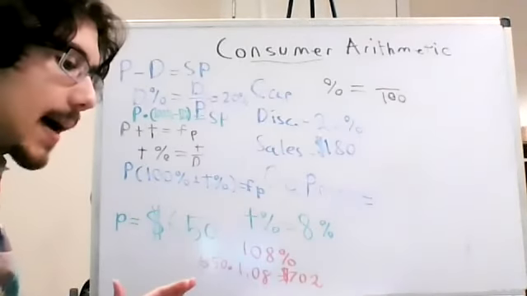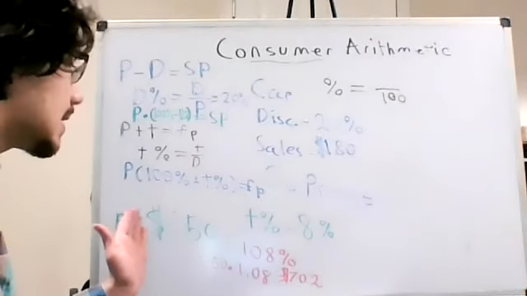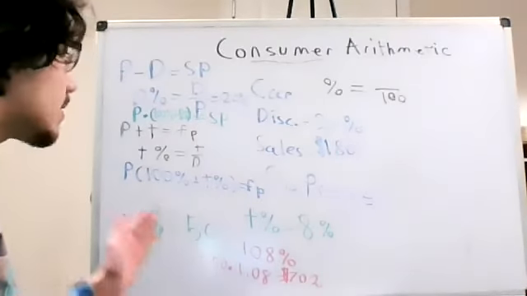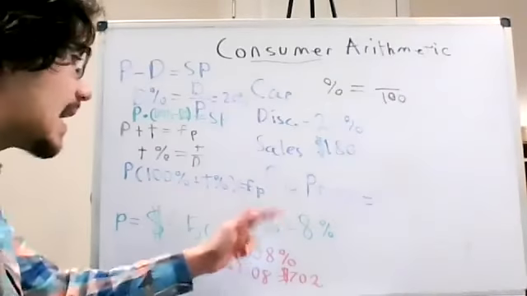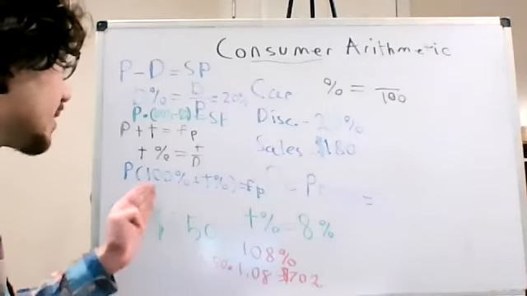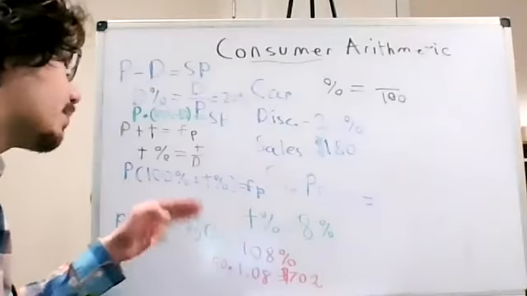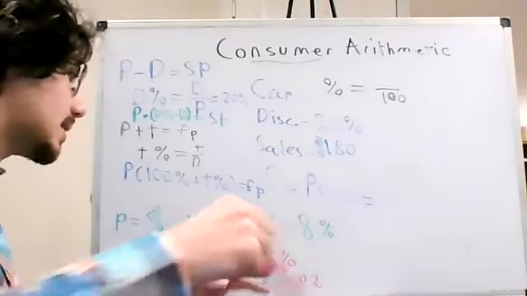We know that tax adds on a certain amount of percent to the price. So the price starts at 100%. That's why we have it here. And since we're adding on 8%, that means that the final price will be 108% of the original price because it's 100 plus 8%.